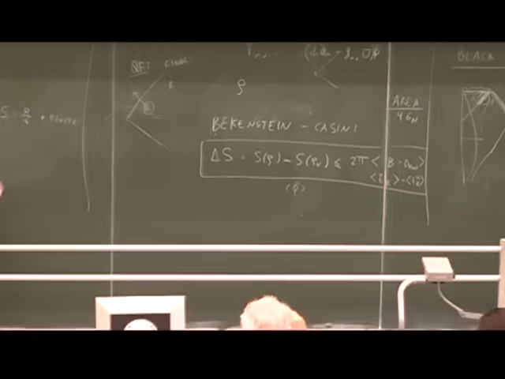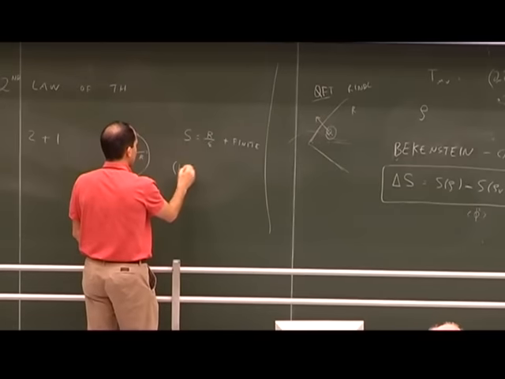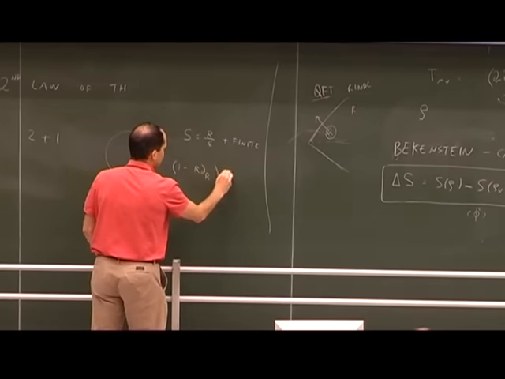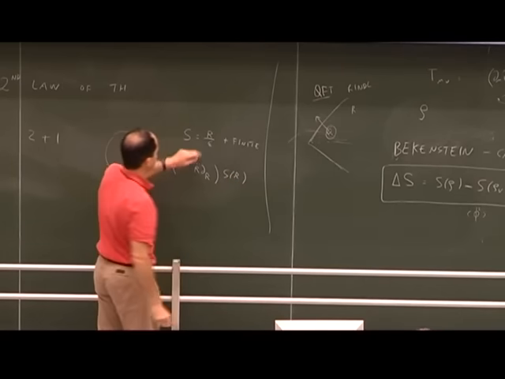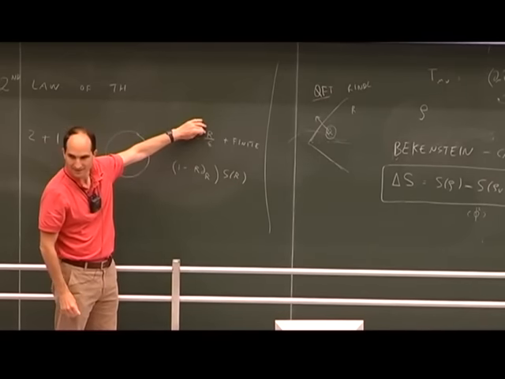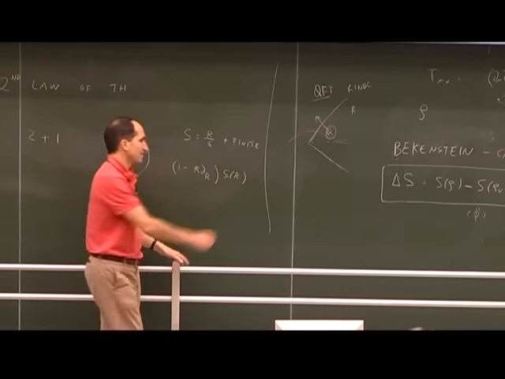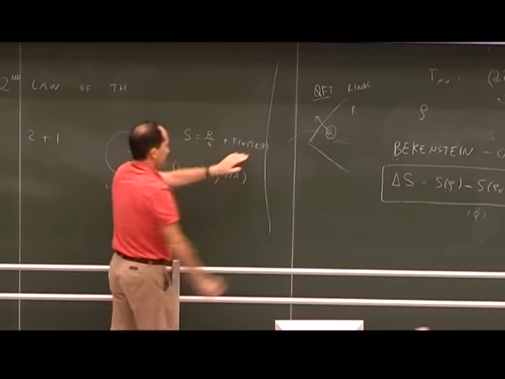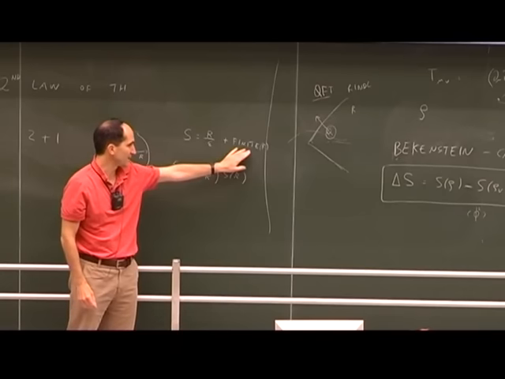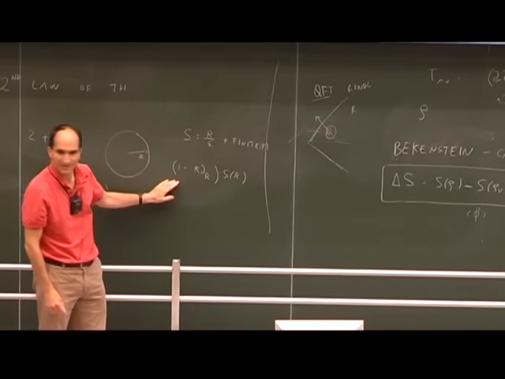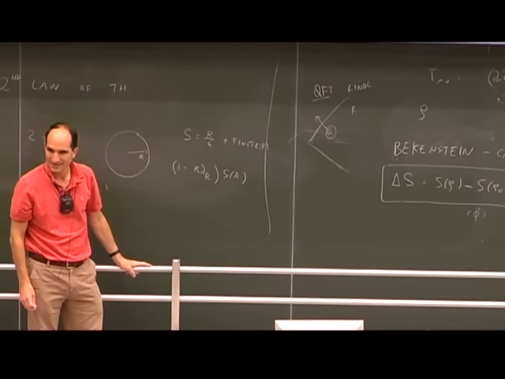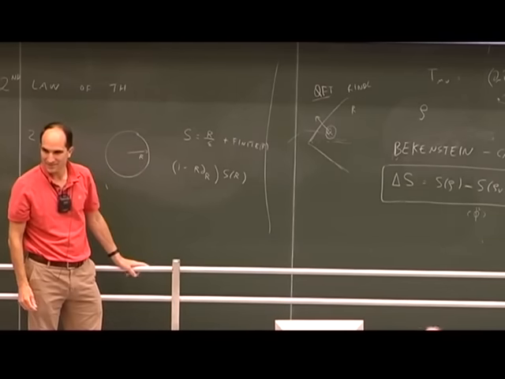And so in this case, what is done is to calculate the quantity (1 - r d/dr) of S of r. Then you are exploiting the fact that the divergent pieces will be linear in r. The finite piece might have some r dependence, but will be finite and will not cancel. So for example, if the finite piece is independent of r, it will survive this operation, and the linear piece will not survive this operation. So that's one other way of making it finite.